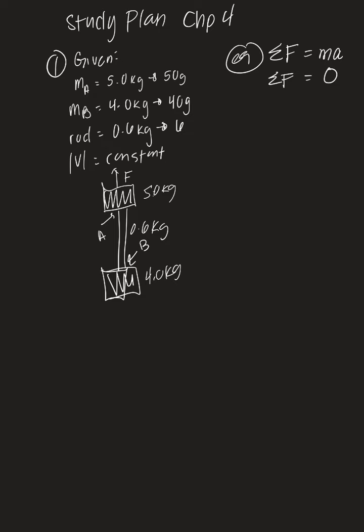So the question is asking, in the figure, which is this figure here, the blocks and the rods assembly moving downward at constant velocity. The applied force F is closest to what?